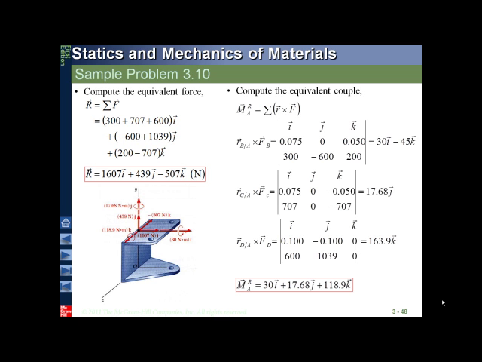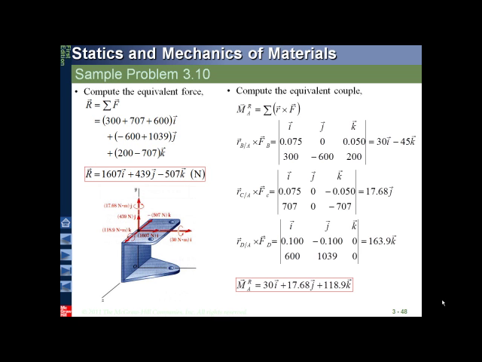We've done this a couple of times, so it's there as shown, and that gives you a moment of 30 newton meters in the i, 17.68 newton meters in the j, and 118.9 newton meters in the k direction.